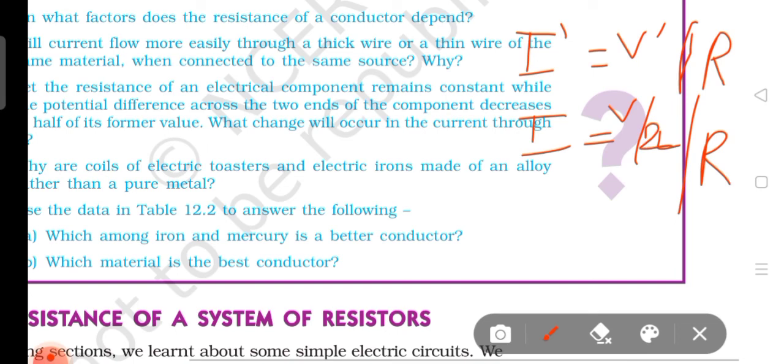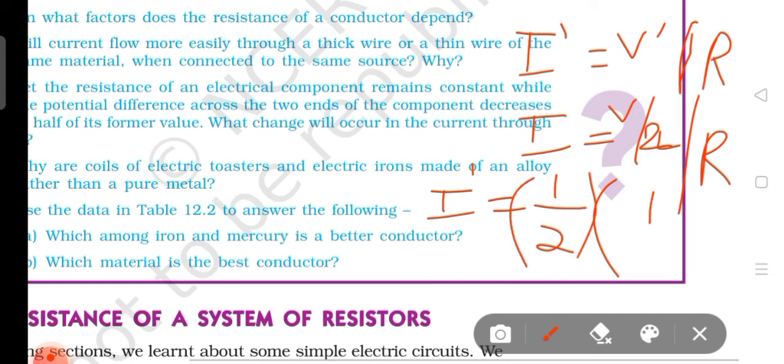Then again I naught will be 1 by 2 into I. What is I? I was V by R, so V by R you can take out, and 1 by 2 will be separate.